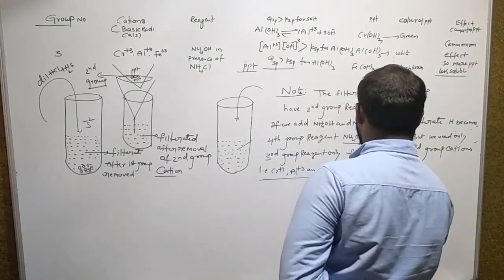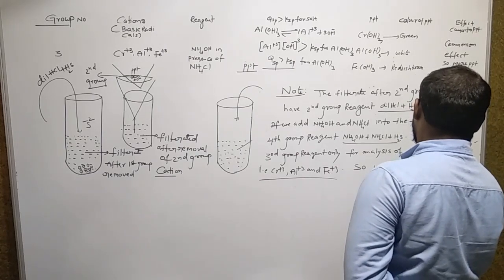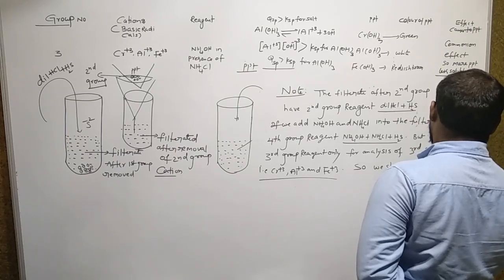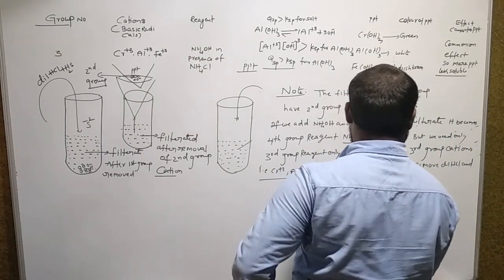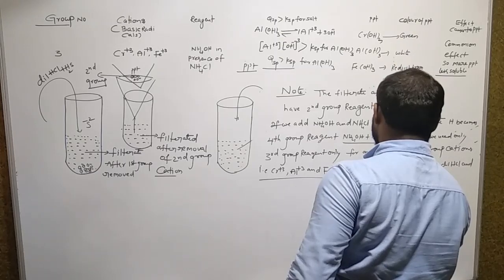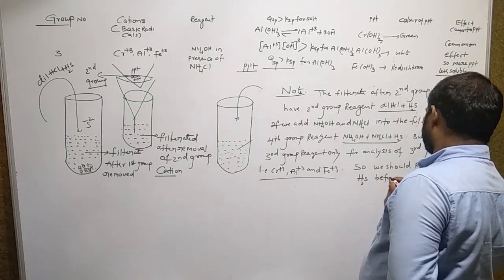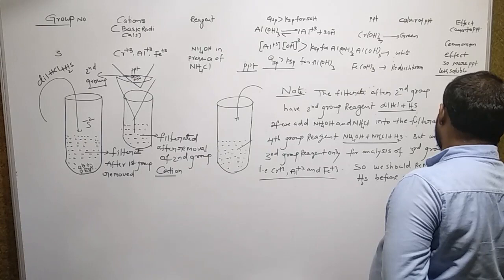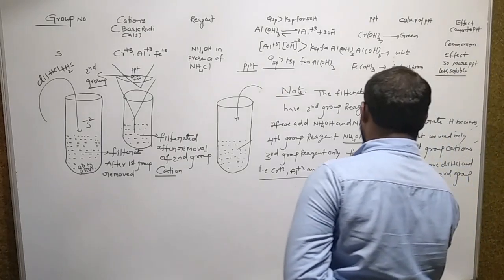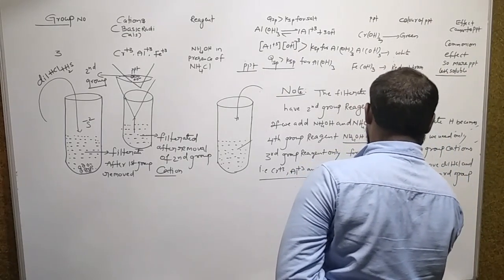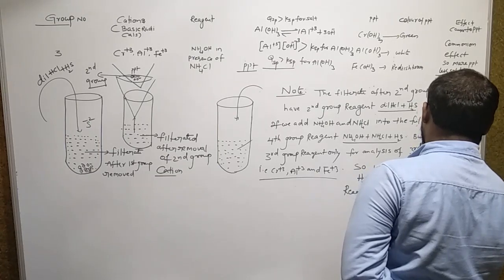So we should remove dilute HCl and H2S before adding the third group reagent, that is ammonium hydroxide and ammonium chloride.